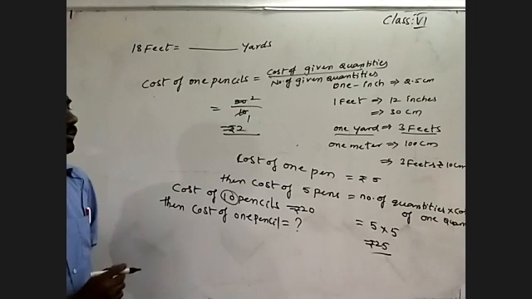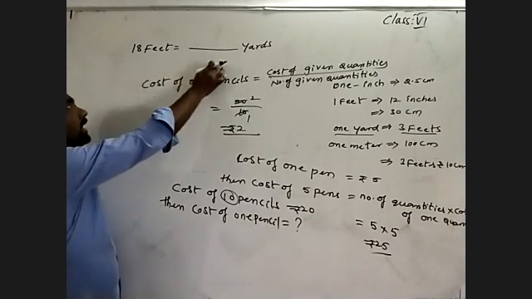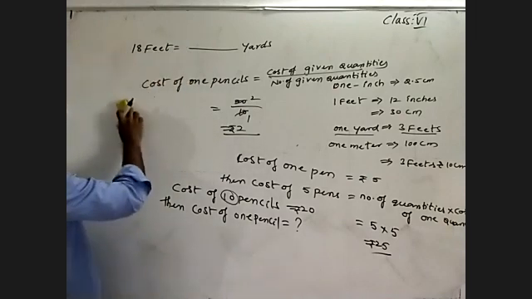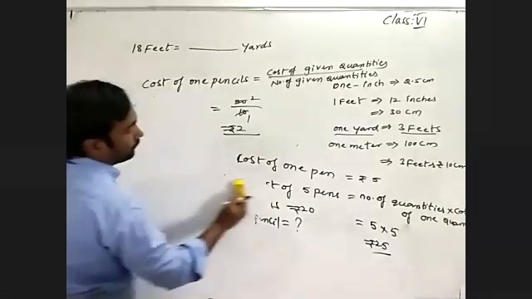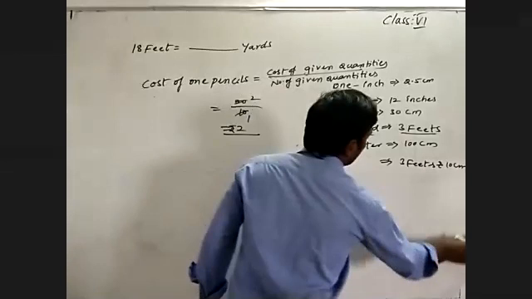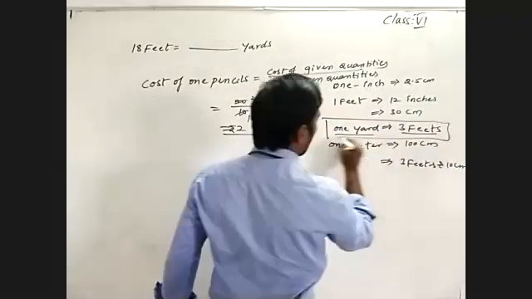By that process only, we have to find how many yards are in 18 feet. See here, what we know is that one yard is equal to 3 feet. We already learned that.